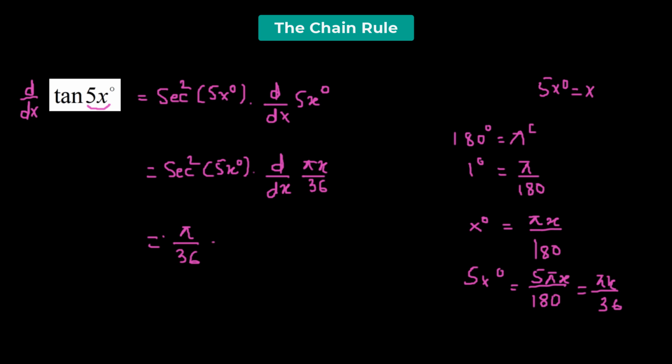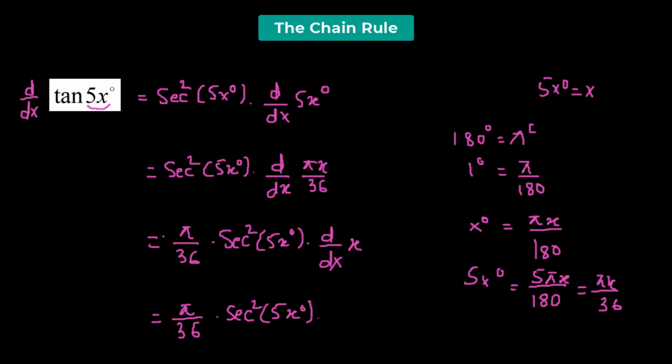So we have pi over 36 times secant squared 5x degrees times the derivative of x. So the derivative of x being 1, we have pi over 36 multiplied by secant squared 5x degrees. So this is the derivative of our given function tangent of 5x degrees, which has been obtained by using the chain rule. Let's move on to the next question.